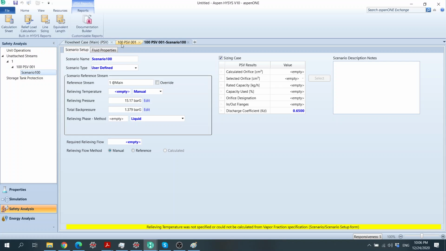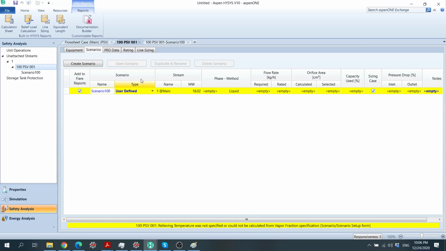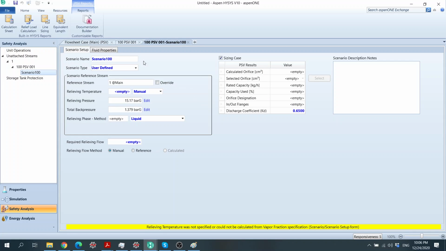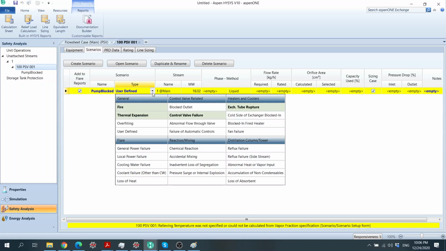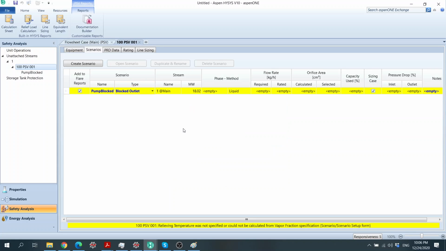So what I did is just double click on this PSV, double click on the scenario, and rename this scenario to pump blocked. I think we have the scenario here somewhere: blocked outlet, fire, blocked outlets. Yeah, okay, blocked outlets. Double click.